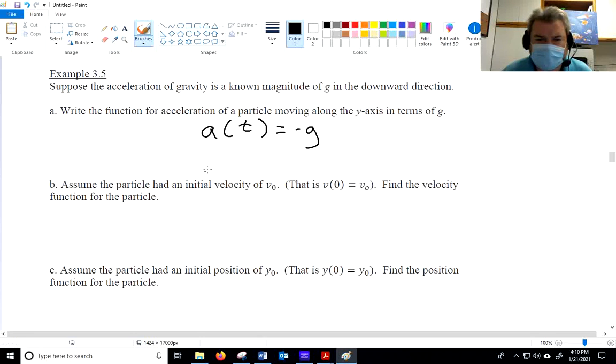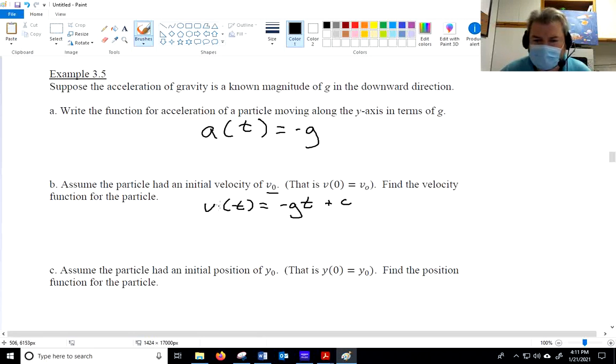So let's assume that the particle had an initial velocity of what we call v naught. That is, that v sub 0 is equal to the velocity at time t equals 0. Let's find the velocity function of the particle. Well, the velocity is the antiderivative of acceleration. So velocity is equal to negative g times t, and then plus some constant, right?